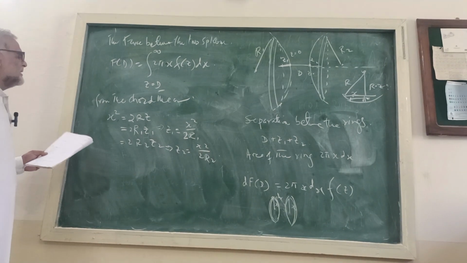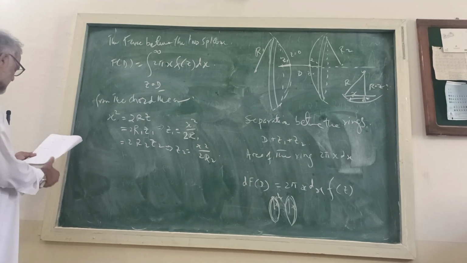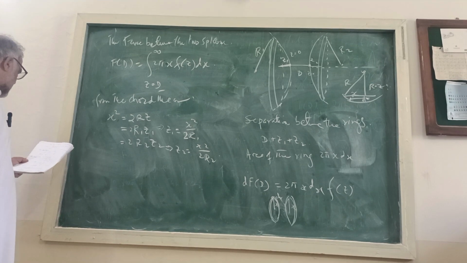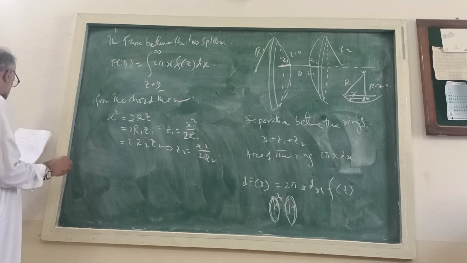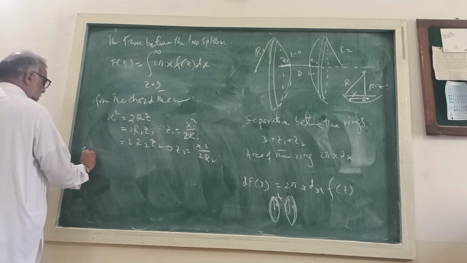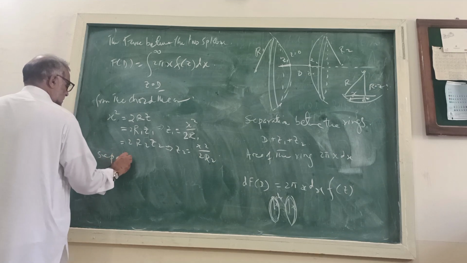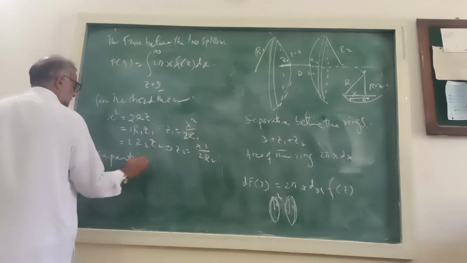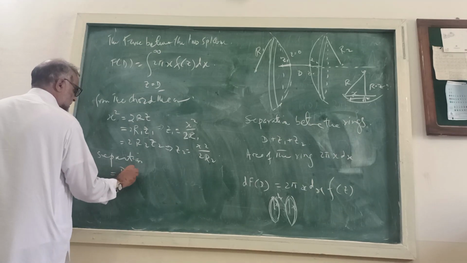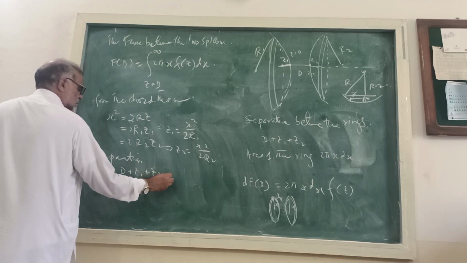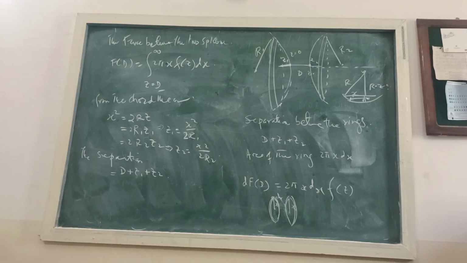So I put these in the separation, right? The separation is equal to d plus z1 plus z2, separation between the two disks.